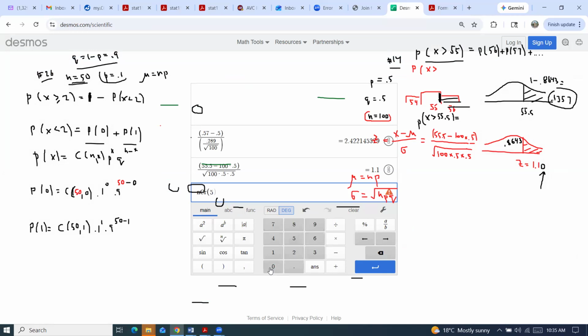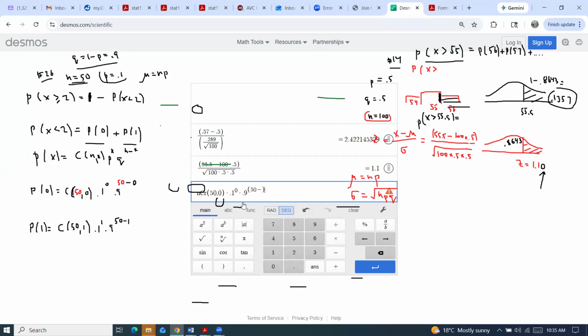So enter the rest, 50, comma 0, and then parentheses times 0.1 to the power of 0, which is 1, but I'll still put it, 0, and then times 0.9 raised to the power, the symbol, right? And then in parentheses, I go 50 minus 0, or just 50.